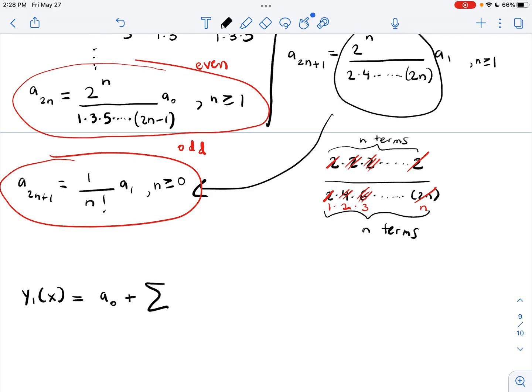It's going to be a0 plus, and then we can use that formula, right? We have 2 to the n over 1 times 3 times all the way to 2n minus 1. And that's going to be, don't forget we have an a naught in there. And then we have x to the 2n, right? These are the even terms. So n is going to go from 1 to infinity here.